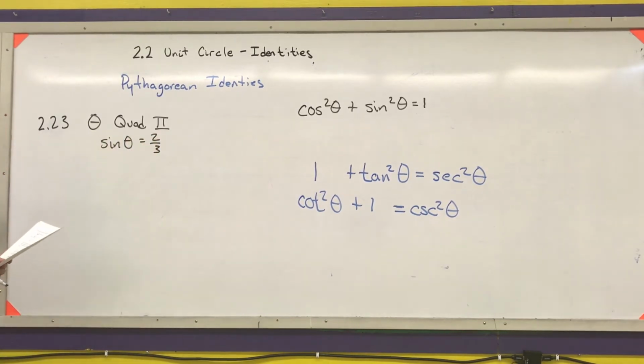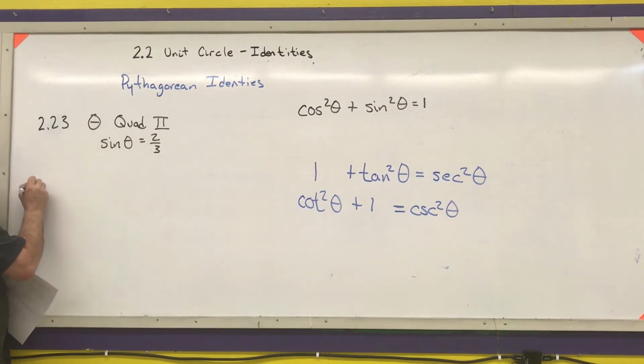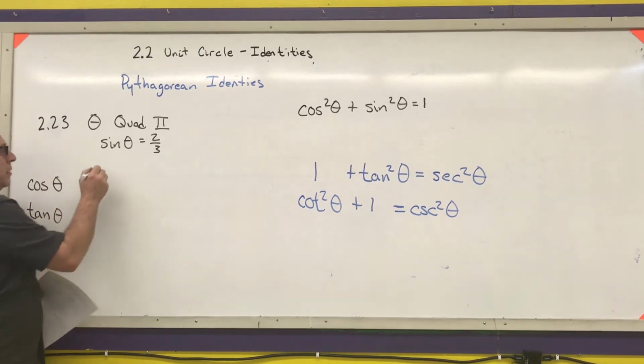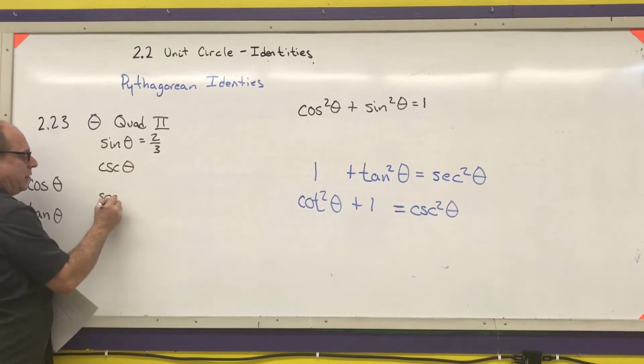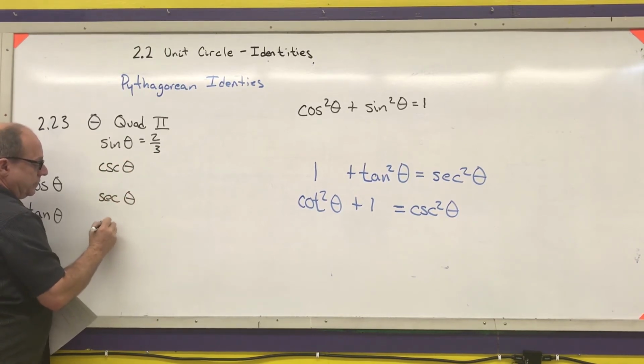I want to know the 5 remaining trig functions. So I want to know cosine of theta, tangent of theta, cosecant of theta, secant of theta, and cotangent of theta.